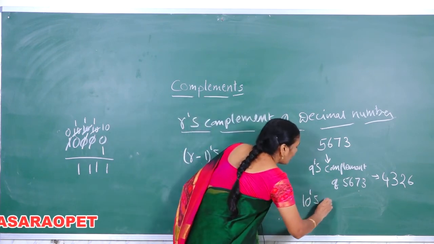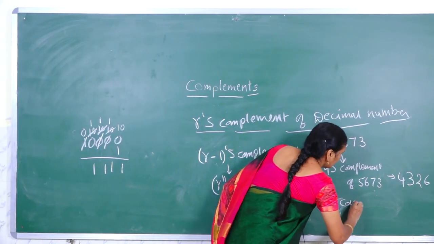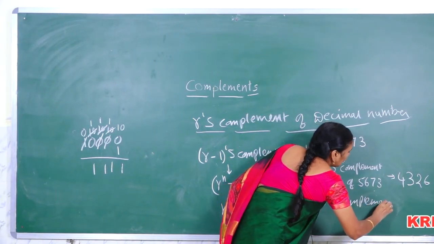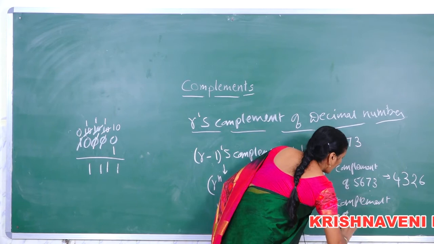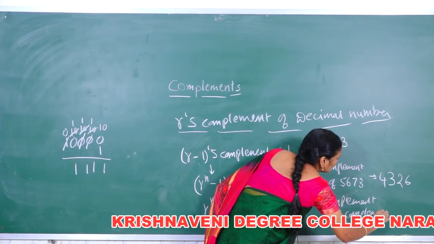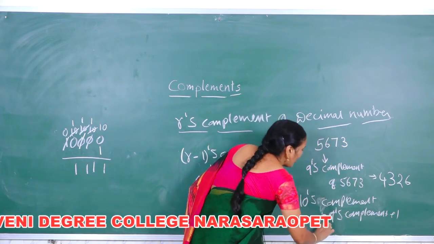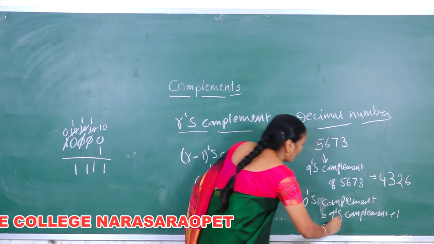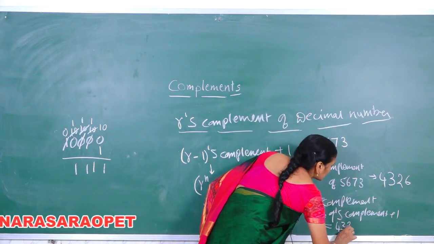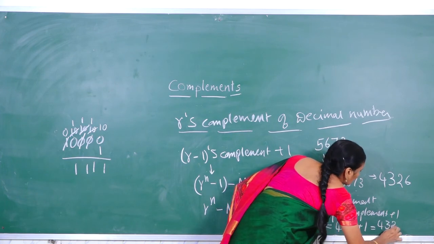The 10's complement is equal to the 9's complement plus 1. We have already calculated the 9's complement, that is 4326, plus 1, which is nothing but 4327.